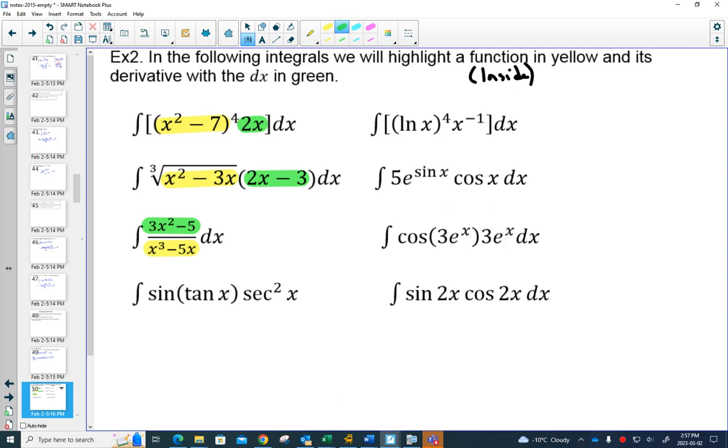Okay, I'll let you do the next 5. I'll show the answers in a bit. You're looking for the original function, an inside function, highlight that in yellow, and then find its derivative in the same one, highlight that in green, or whichever colors you chose.